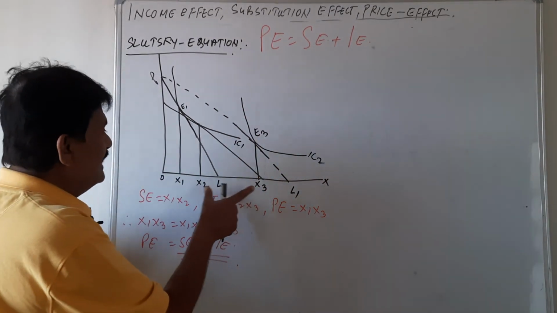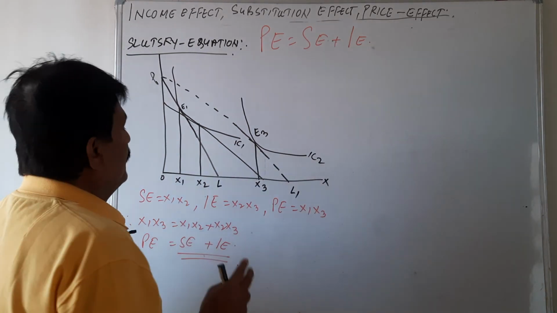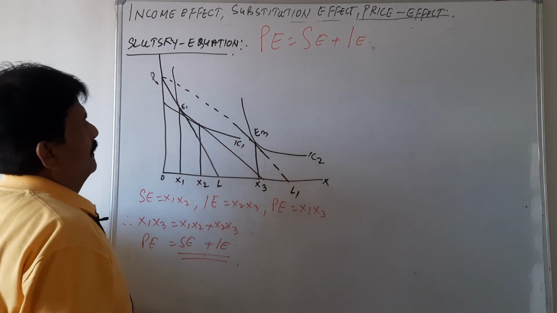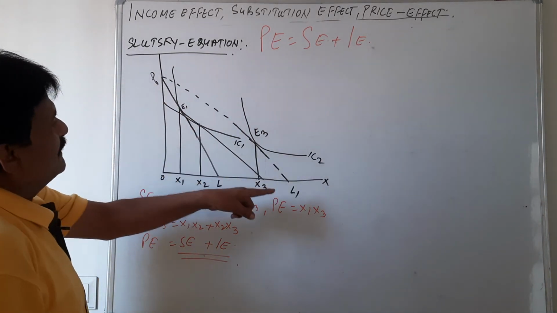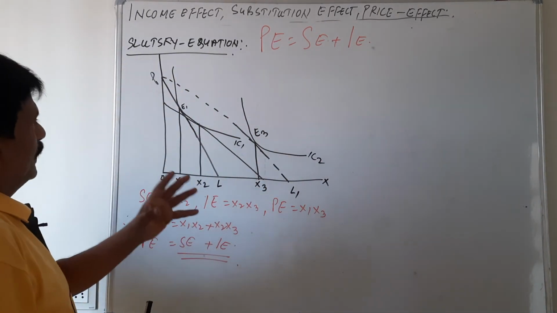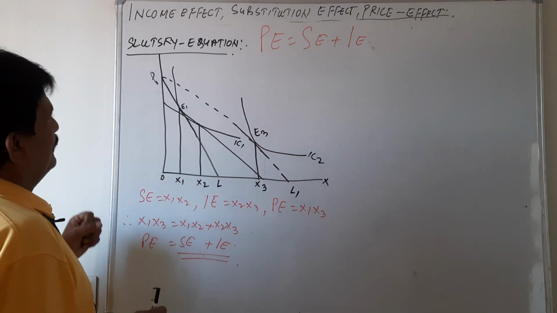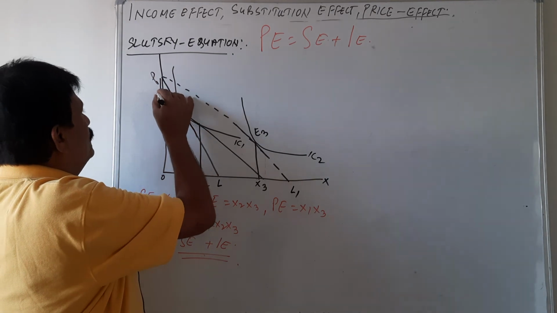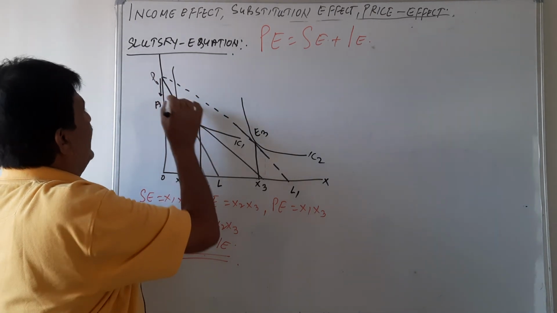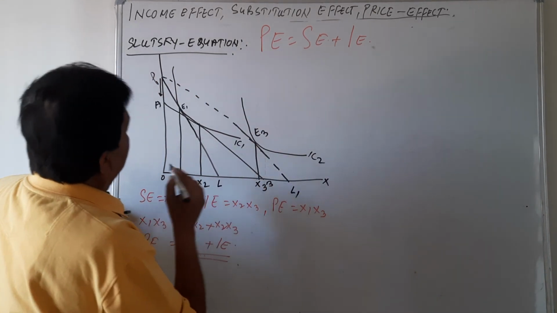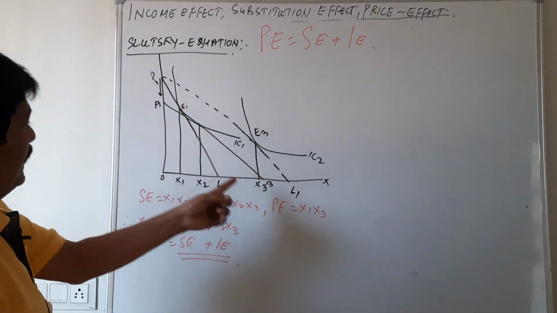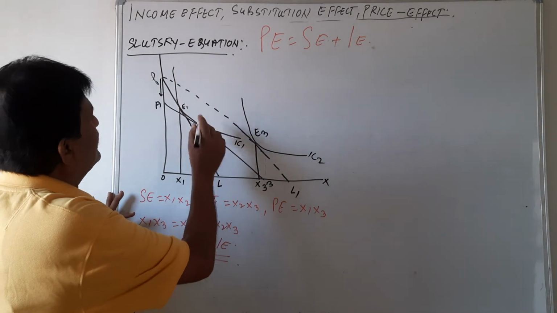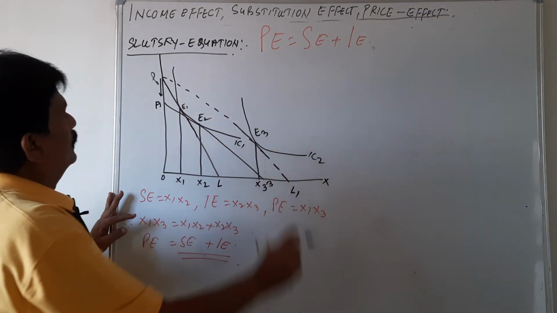Now this price effect can be decomposed into substitution effect and income effect. To separate the substitution effect, the real income of the consumer is reduced in the form of compensating variation in income in such a way that PL1 shifts downward in a parallel way and becomes AB. And this new price line is tangent to the initial IC1 at point E2.